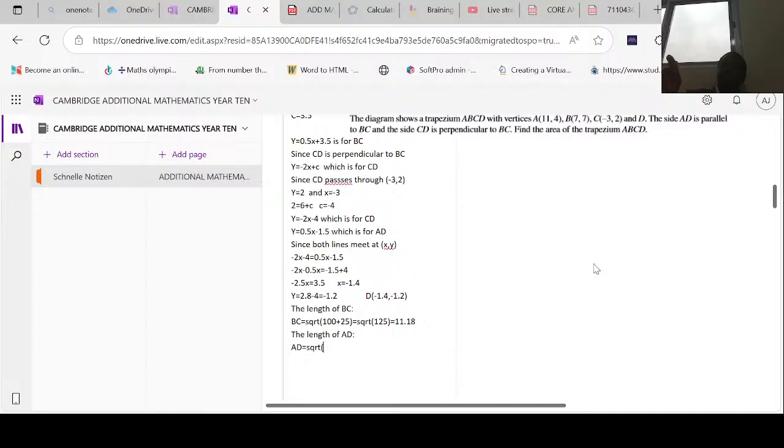So 11 minus negative 1.4 will be 12.4, isn't it? So 12.4 squared, please calculator. So what's 12.4 squared? That's 153.76, isn't it?